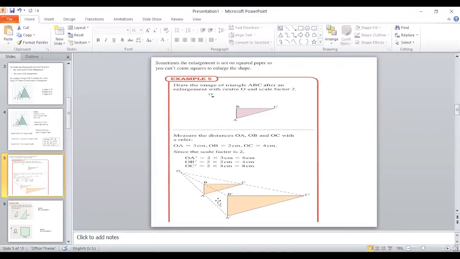If you measure them carefully, you see that OC equals 4 centimeters long. On the other hand, OC prime will be twice OC, so it will be 2 times 4 or 8 centimeters long. OB equals 2, OB prime will be 4. OA equals 3 centimeters and OA prime will be 6 centimeters long.